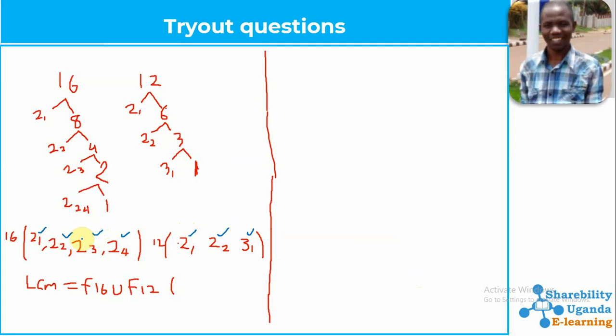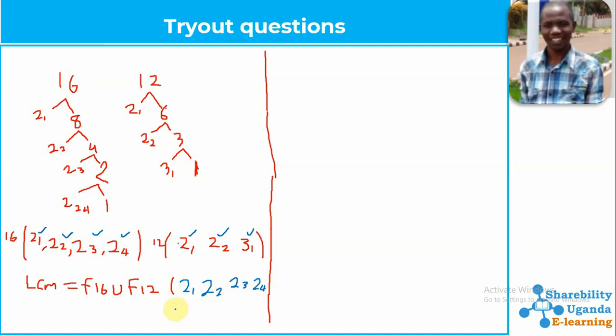We arrange them, but if we have our 2 1 appearing here, that simply means we shall write it once, as we have been using the same concept of sets when we are looking at union of sets. So here now we have our 2 1, our 2 2, our 2 3, our 2 4.